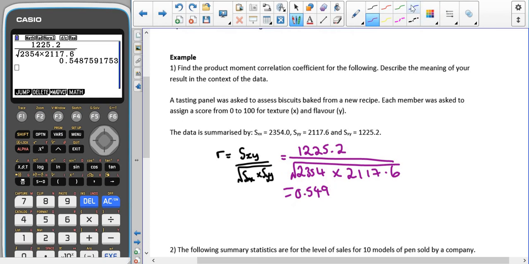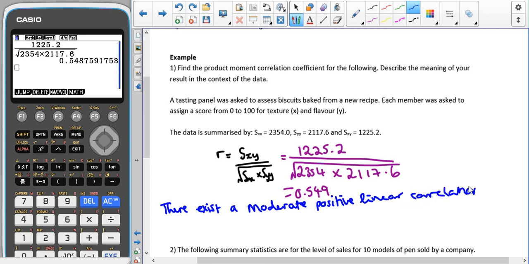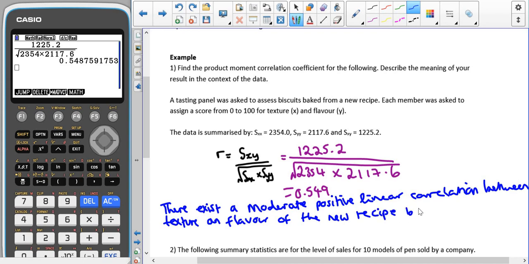So 0.549 tells us that there exists, I'd say that's moderate, it's positive, and remember that PMCC measures linear correlation between, and this was texture and flavour of the new recipe biscuits.